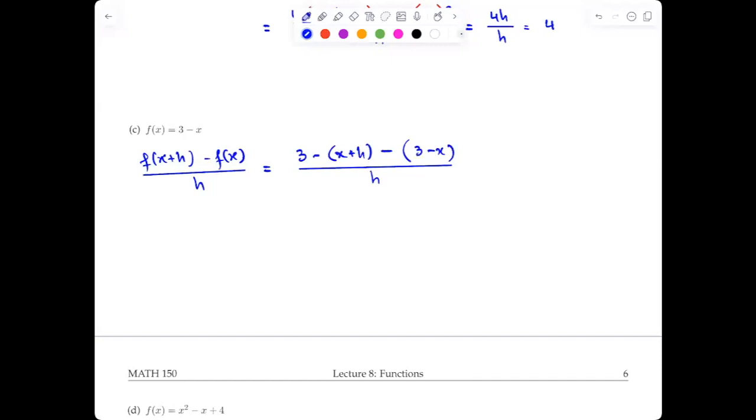Okay, next, simplify the numerator as much as we can. First, distribute the negative into the parentheses, and you get 3 minus x minus h minus 3 plus x, all together divided by h.